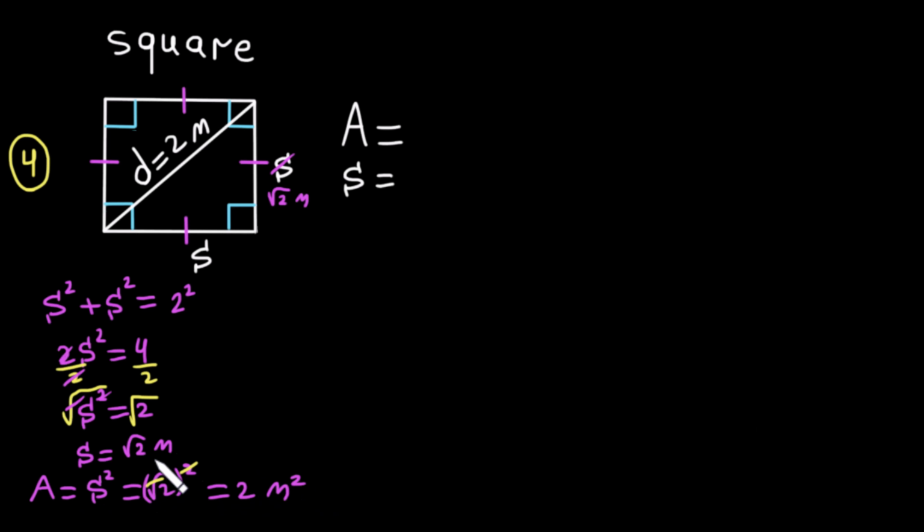So we found the area, which is equal to 2 square meters, and we found the side, which is the square root of 2 meters. Okay, so by being given the diagonal, we found the area, which is 2 square meters.